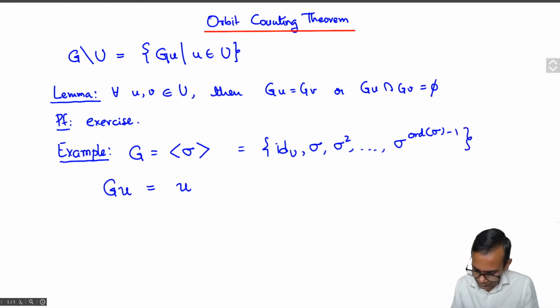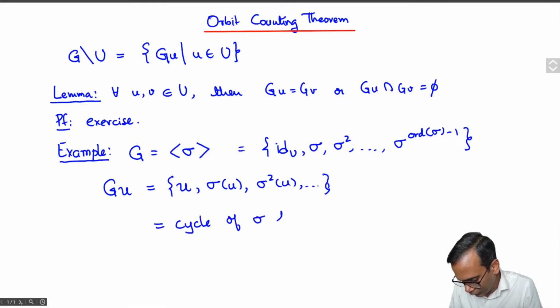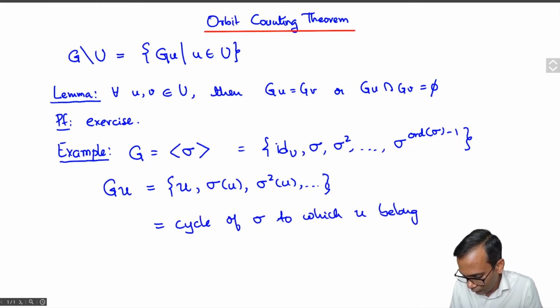If you apply each of these elements to U, you will get all powers of sigma applied to U, and this you recognize is the cycle of sigma to which U belongs. Remember, all of U breaks up into cycles for sigma, and so the orbit is just the cycle of U.